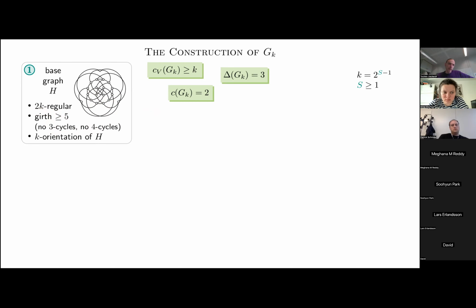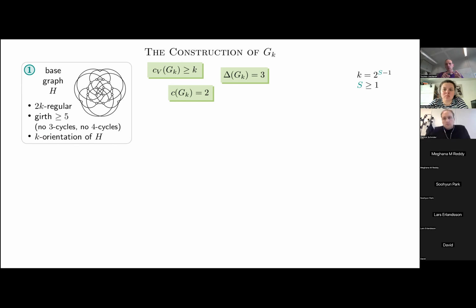What we then take from the base graph, so it's 2k regular: if you know a little bit of graph theory, this is an even number for sure, so you can find a so-called k orientation. You can orient the edges, give every edge a direction just in your head, so that every vertex has half outgoing and half incoming edges.